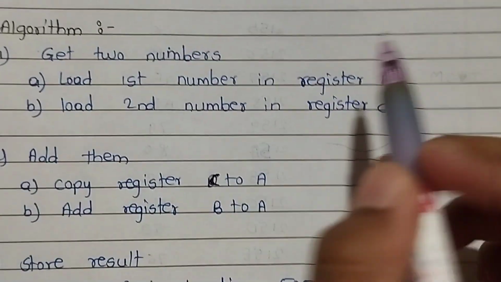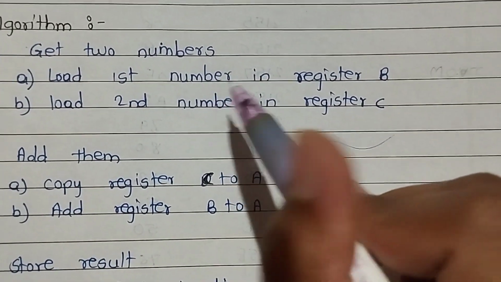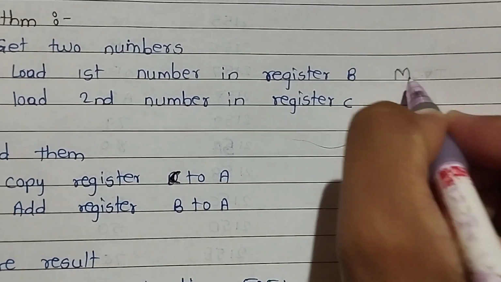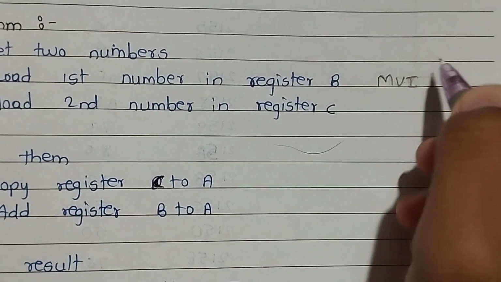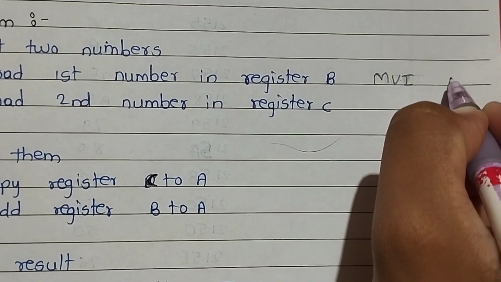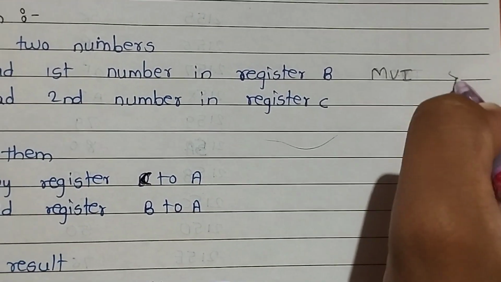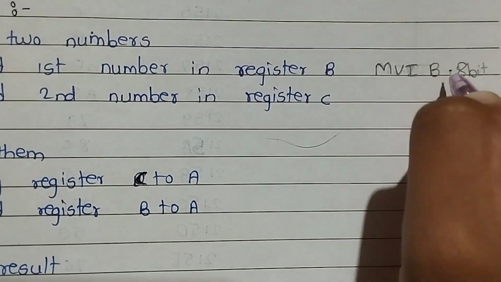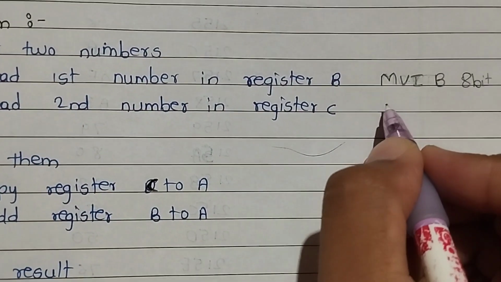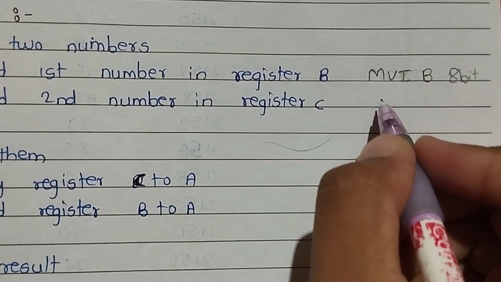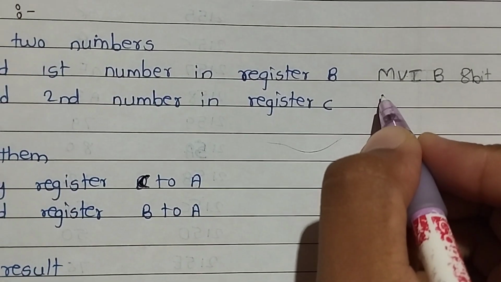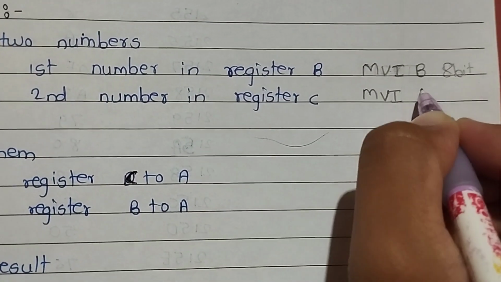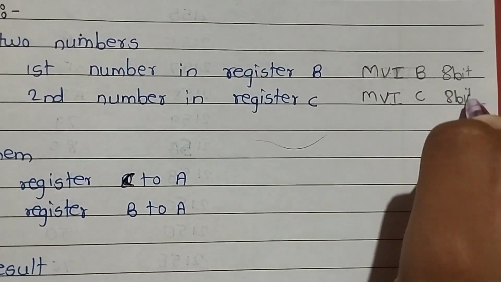Now we want to load 8-bit data into the register. For that purpose we use the instruction move immediate, 8-bit data, but the 8-bit data we take from the table. So here we only mention the 8-bit data and register B. Again we want to load the second 8-bit data into register C, so again we use the move immediate instruction, C and 8-bit data.